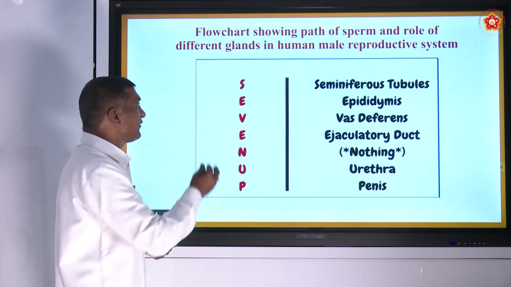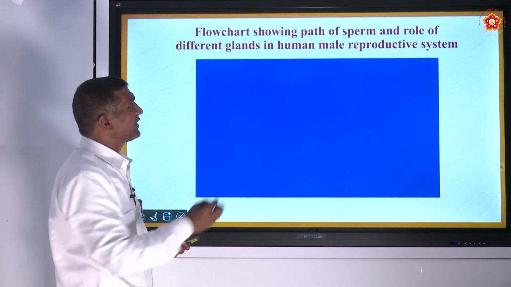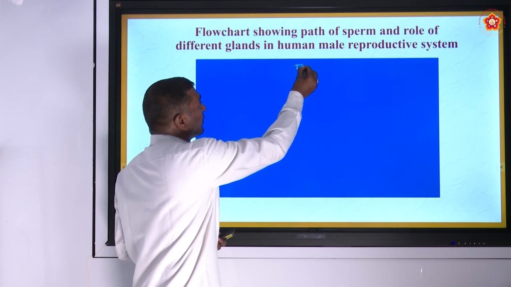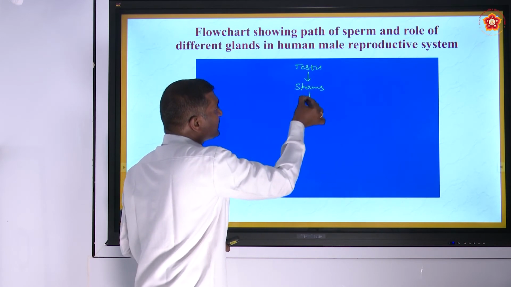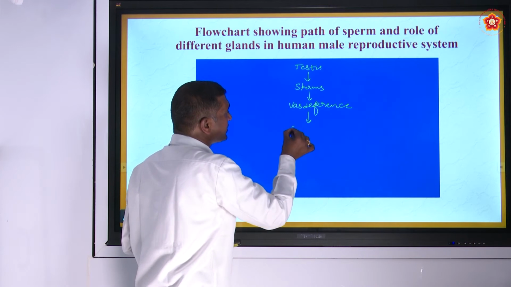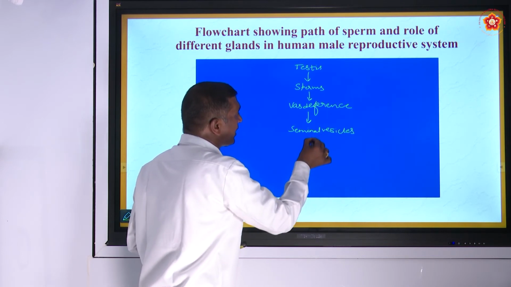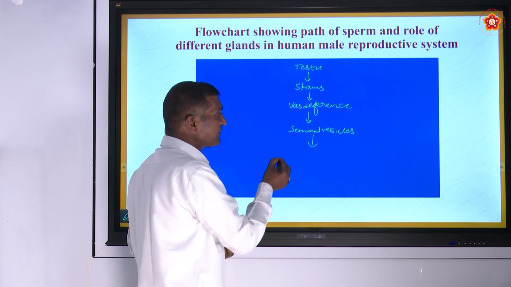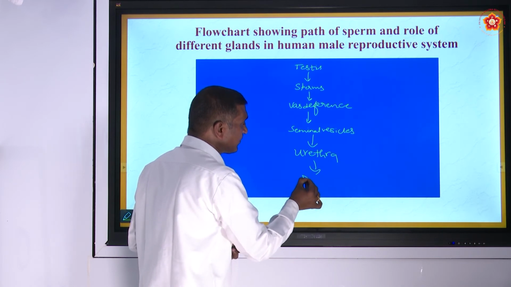In a more simple way, if you are finding difficulty in answering, some more simple way to mention for you all: testes, which produce the sperms, and these sperms are carried by the vas deferens to the seminal vesicles, and from the vas deferens to the urethra, and then it is ejaculated through the penis.